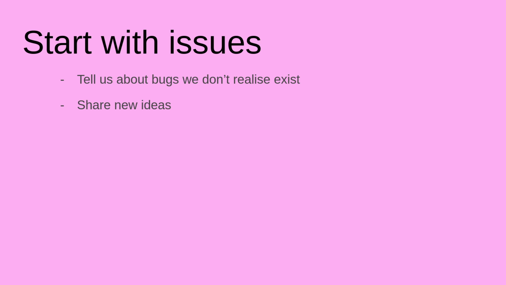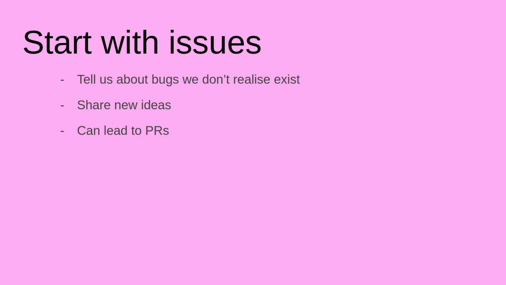If you just open a pull request straight away asking to make this big change, you've already put in the work to make this thing happen, but if we don't agree with that, then there can be some issues. But if you start with issues, then there are no issues, because you can share your idea, we can talk about it, we can find any pain points, and discuss it.